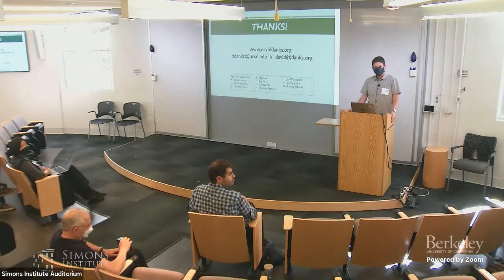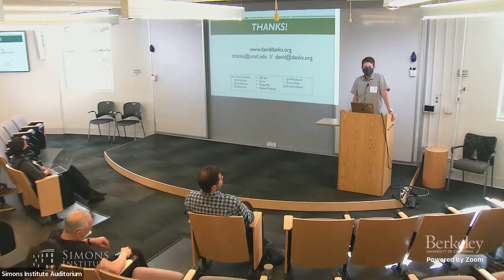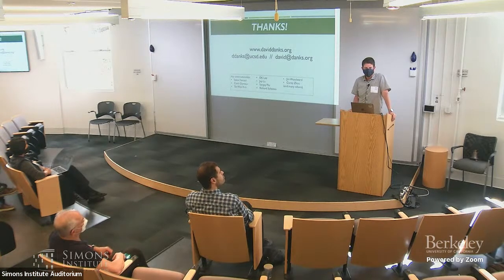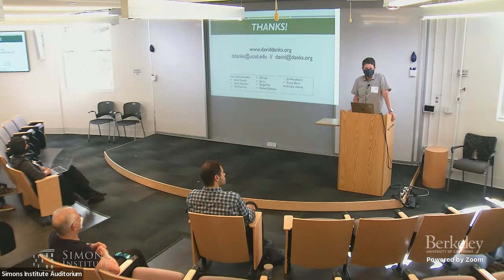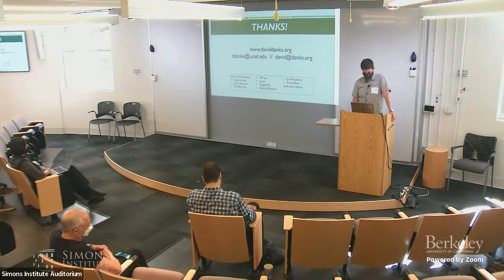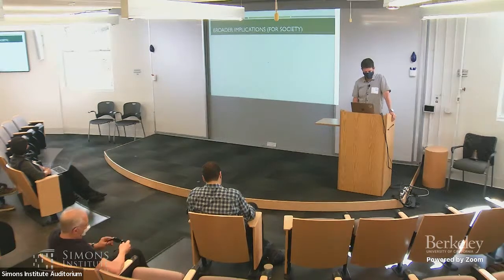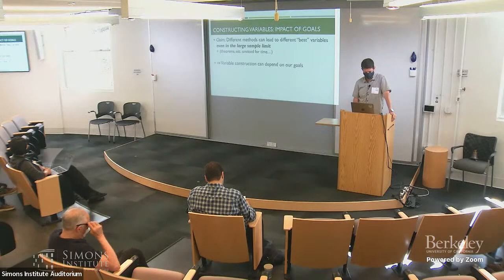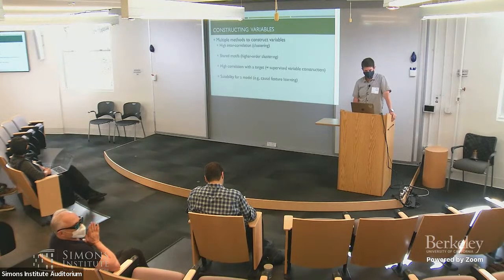So great talk. I was wondering, amongst the challenges you have listed, do any of them also subsume the requirement that the user can sometimes specify what kind of variables they are looking for? I've seen this fairly frequently in industrial settings where people say that I want to understand your predictions in terms of a certain kind of persona or division of personas, some clustering of variables of demographics, right?